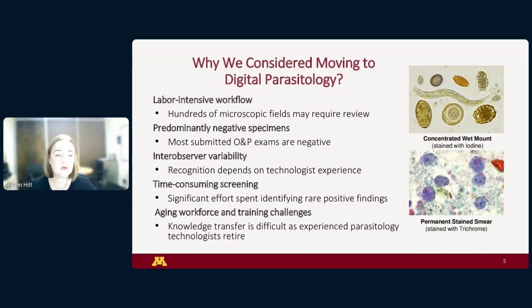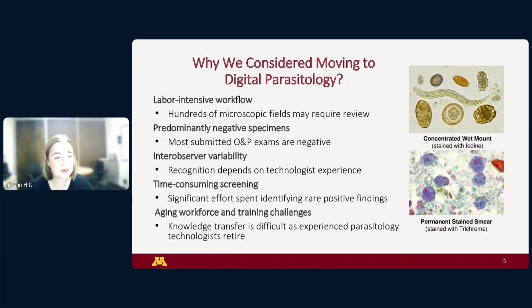Going back to the actual workflow of screening these, it takes a long time. Even from an ergonomic perspective, having to sit at a microscope and go through 20 ova and parasite exams in a day can be a lot on our technologists. The other thing we're facing is an aging workforce and training challenges. The world of lab today is that people aren't necessarily sticking to one lab for their entire career.